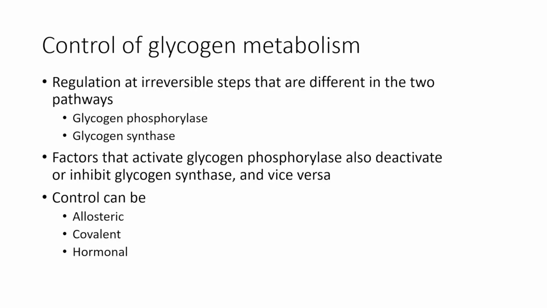And just like we saw with control of glycolysis versus gluconeogenesis, the factors that are going to activate glycogen phosphorylase for breaking down glucose are also going to deactivate or inhibit glycogen synthase, and the opposite. And just like we saw for our other pathway for glucose, the control of these two enzymes can be allosteric, covalent, and hormonal. We already talked a lot about glycogen phosphorylase, where it had these allosteric effectors.